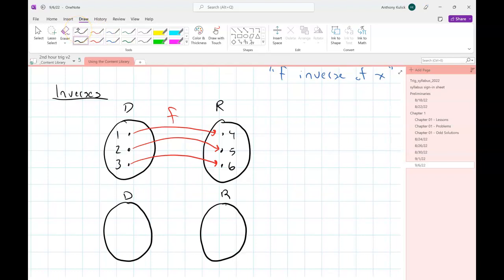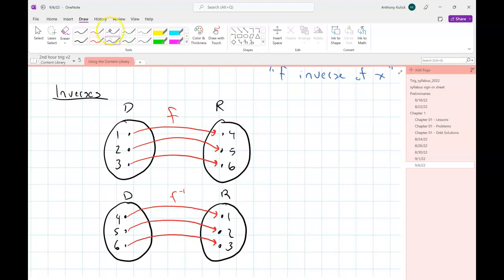Well, first of all, the domain for the inverse needs to be the range for f. So 4, 5, 6. And we need to send 4, 5, 6 back to the domain from f, so 1, 2, 3. And since f sends 1 to 4, f inverse needs to send 4 back to 1. And 5 back to 2, and then 6 back to 3.